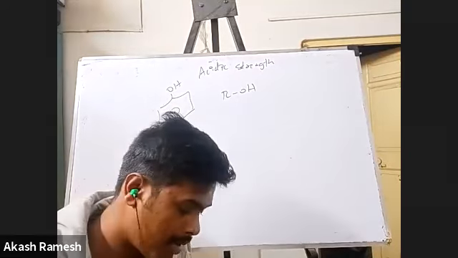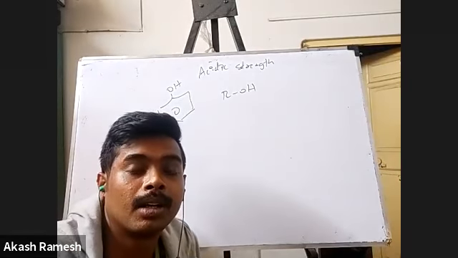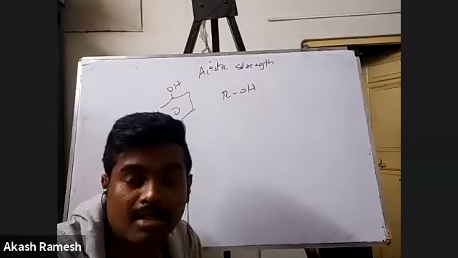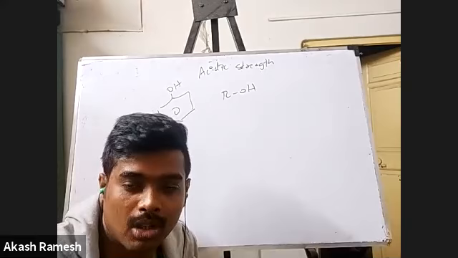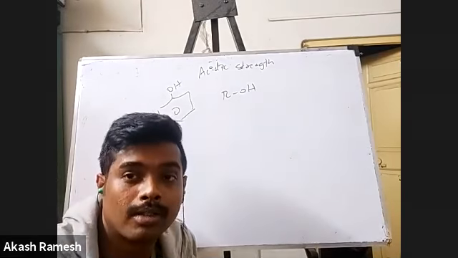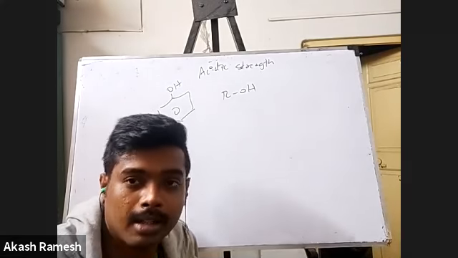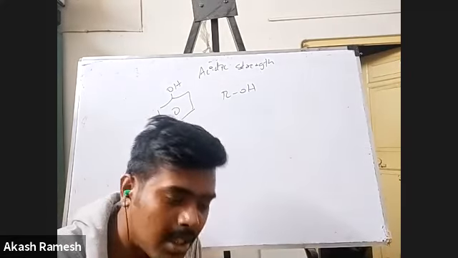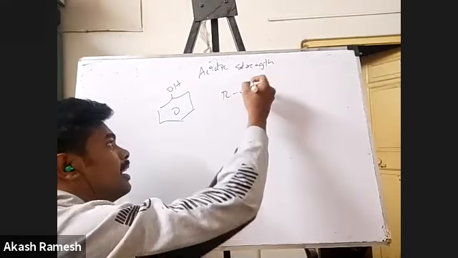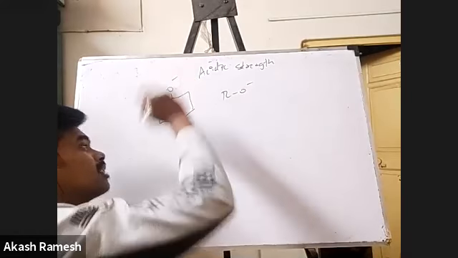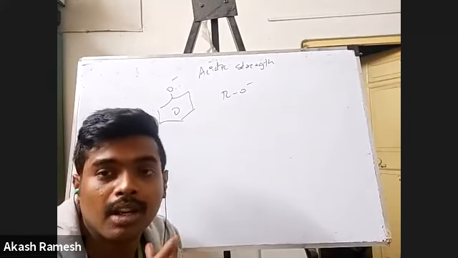I hope you remember when we studied GOC, General Organic Chemistry, I told you that the acidic strength is decided with the help of the stability of the conjugate base. And we know what a conjugate base is: after removing H plus, whatever is remaining is the conjugate base. So going by that trick, the conjugate bases here are the alkoxide ion and the phenoxide ion. Obviously, the phenoxide ion is going to be more stable because of resonance.